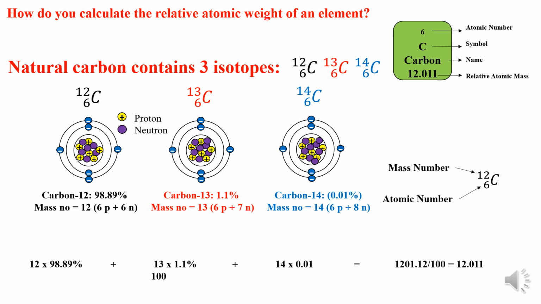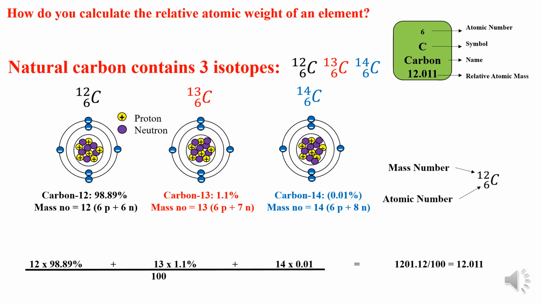And how do you calculate the relative atomic weight of carbon? You multiply the mass number of each isotope with its respective abundance, sum these three values, and divide the whole thing by 100. And when you divide the whole thing by 100, you end up with the relative atomic mass of carbon, that is 12.011, which is in decimal, not in whole numbers.